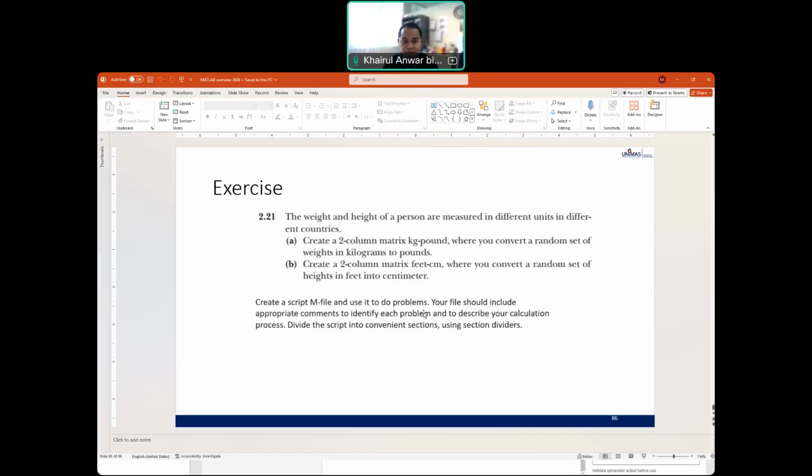Exercise. The weight and height of a person are measured in different units in different countries.